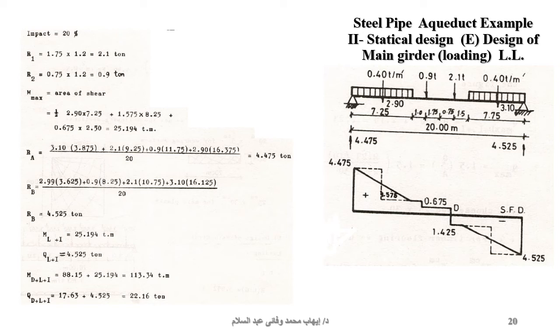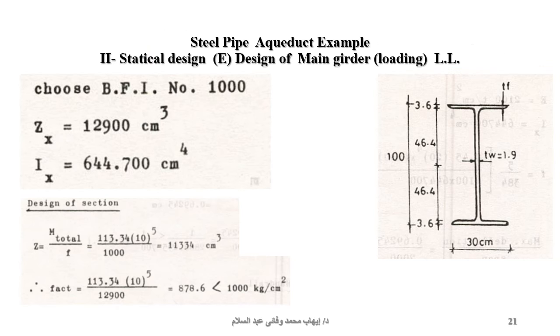Then we arrive at M live load and impact in these cases, and Q live load and impact. We put M dead load and live load and impact, and Q dead load and live and impact. We have two values for this.